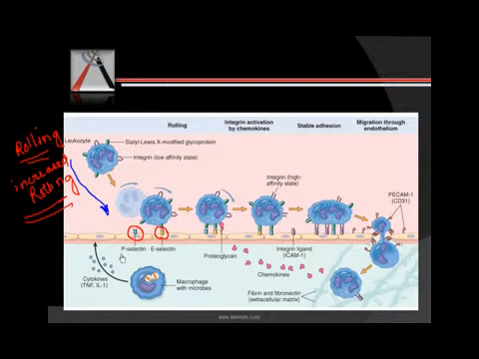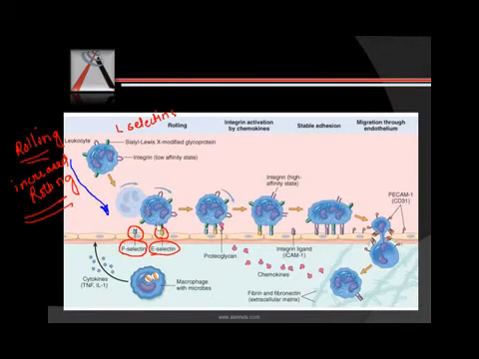When we talk about selectins, we have three types: P-selectin, E-selectin, and L-selectin, which is expressed on the leukocytes. P-selectins are expressed on the platelets as well as the endothelial cells. E-selectins are expressed on the endothelial cells, and the expression of these selectins is increased in inflammation.